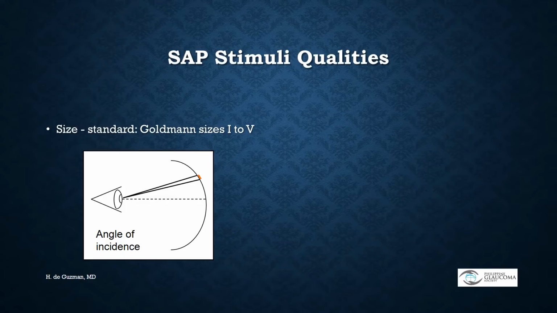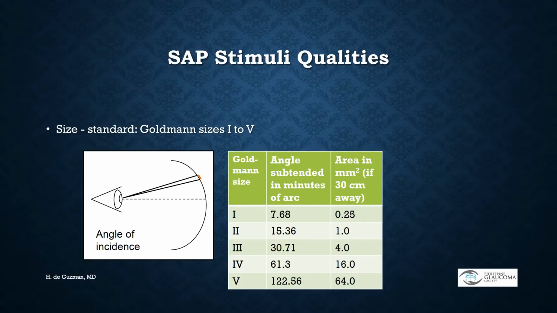Traditionally, perimetry stimuli were described according to the angle of incidence. But since most perimeters these days test the patients at a distance of 30 centimeters away, it has become the standard to just use the Goldmann sizes, which were previously described in terms of the minutes of arc they subtended, but now they're described in terms of their area in millimeters squared.